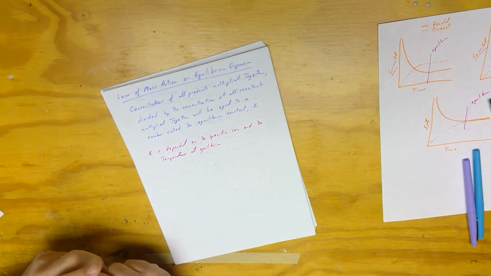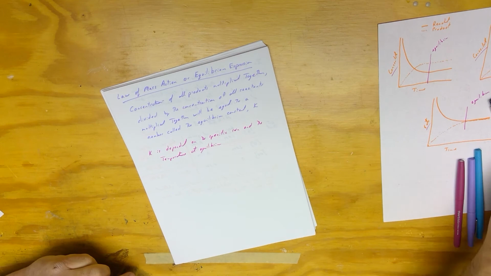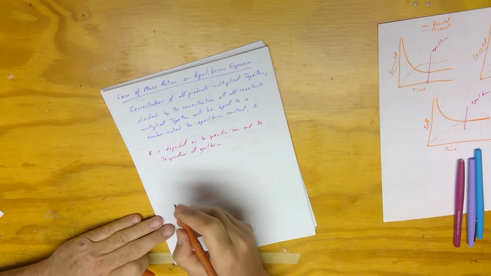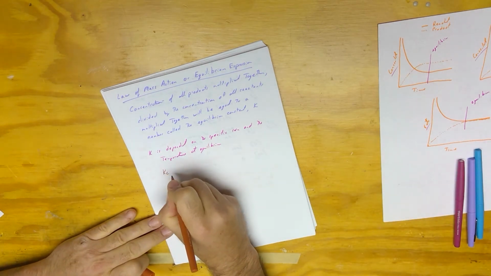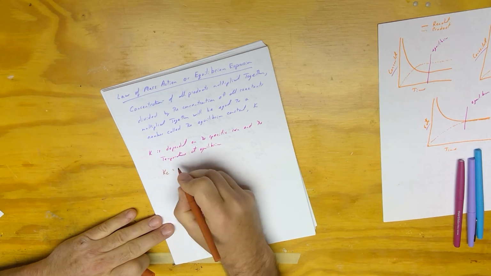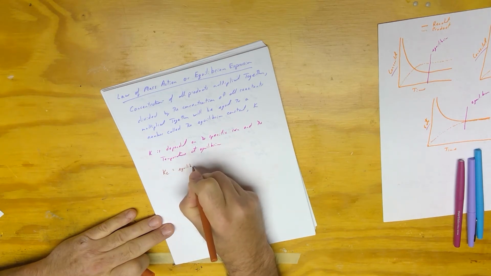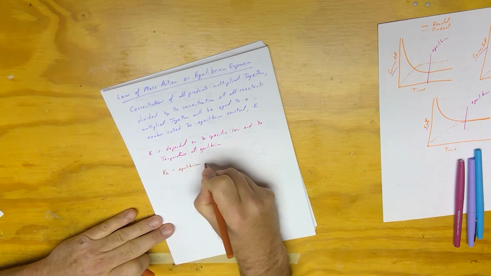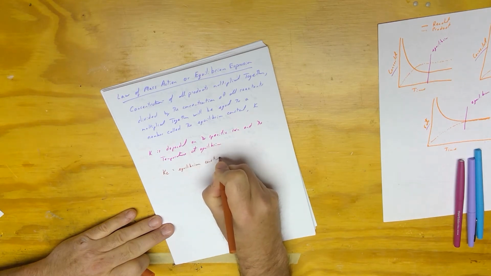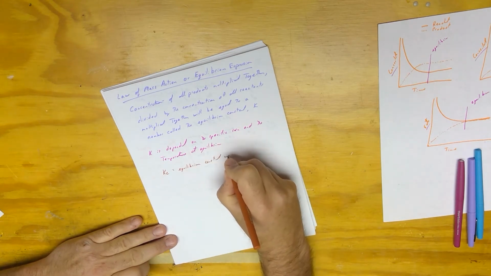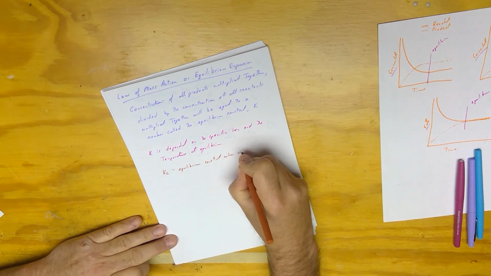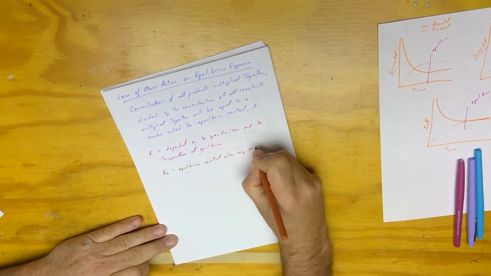All right, now we have something called Kc and Kp. Kc is the equilibrium constant when using concentration.